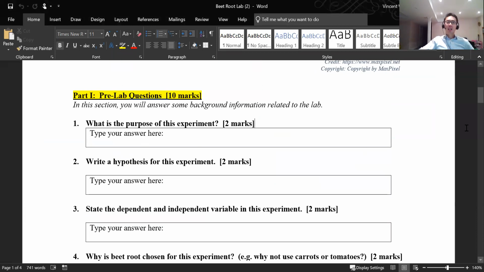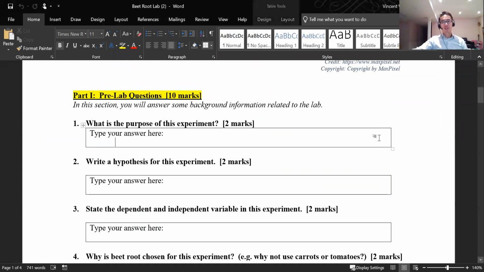I have a feeling a lot of people did not watch the demo, and a lot of people just went on the internet and tried to find answers, and it turned out not to be applicable to what we're doing. That's why it was not done correctly, and I feel like a lot of people maybe did it last minute, and so it was not the best quality.